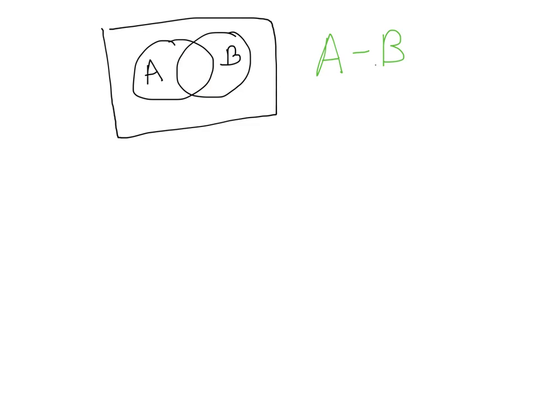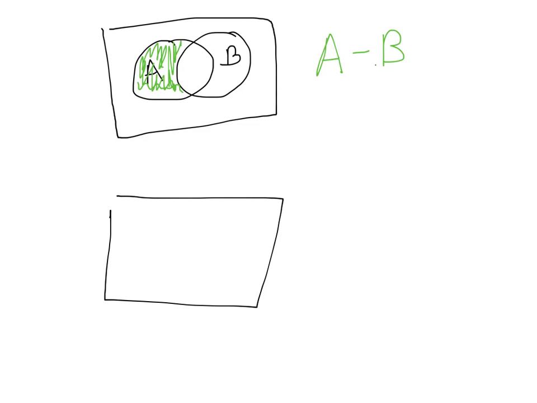So what that means is, if I can draw this well, this shaded region is going to be A minus B. And on a similar argument, if you did B minus A, okay, this is A, this is B, the shaded region of B minus A would be the part of the circle that's in B but not in A.